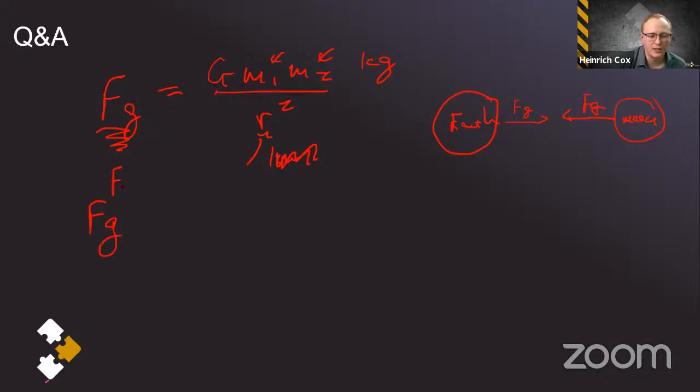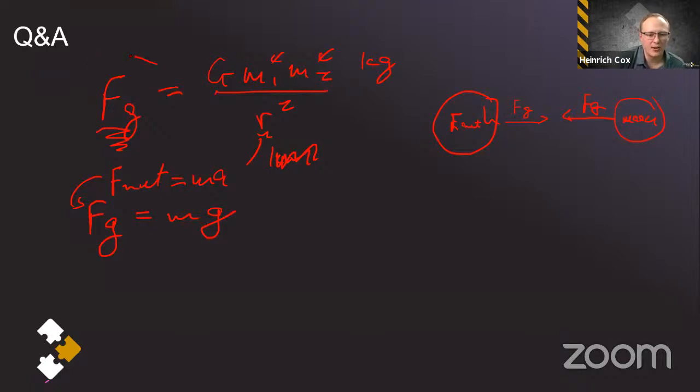So let's start with F net equals ma, Newton's second law. If the only force acting is gravity, i.e. the object is in free fall, then F net becomes Fg. But the acceleration we get from that, we don't call a anymore, we tend to call it g. So Fg equals mg is just F net equals ma when the only force that acts is gravity.